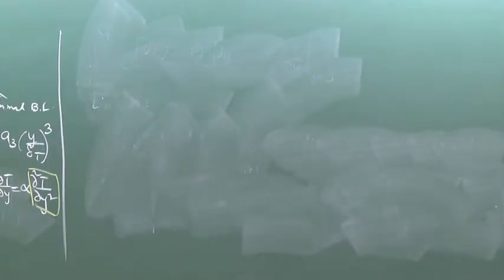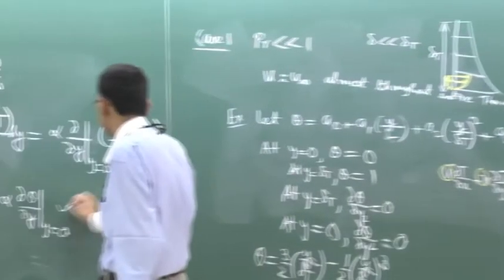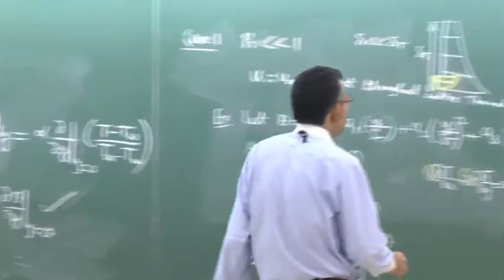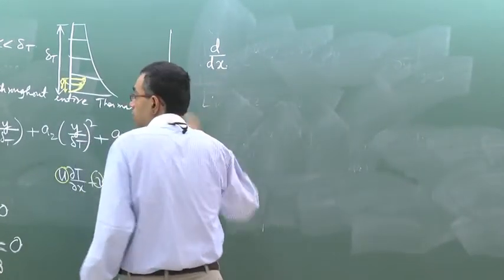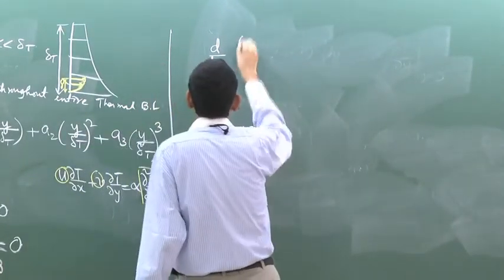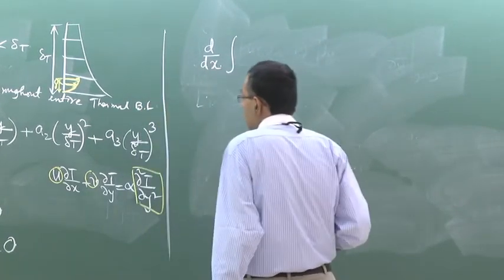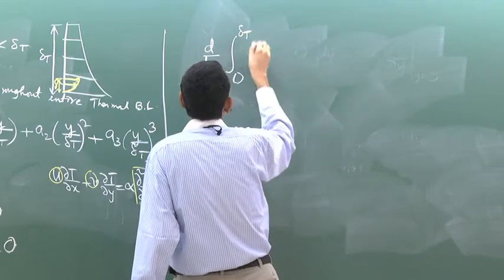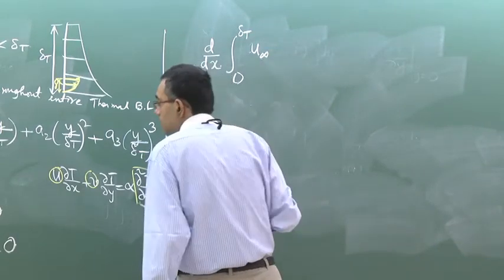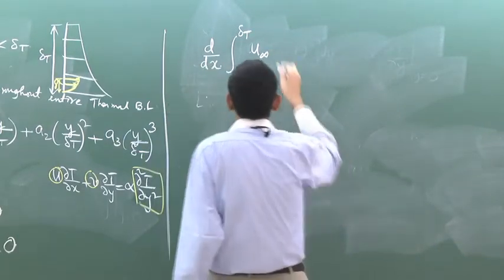So we will substitute that here in this equation, d dx of integral 0 to delta t u becomes u infinity, 1 minus theta.